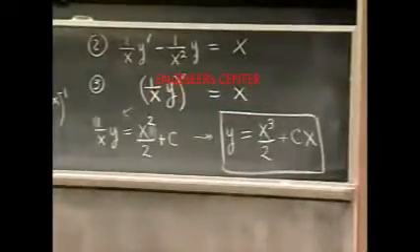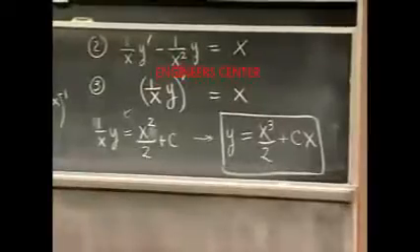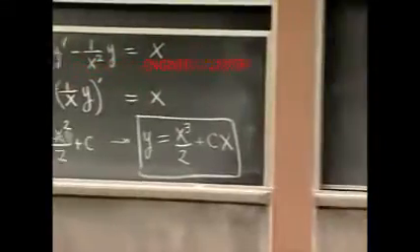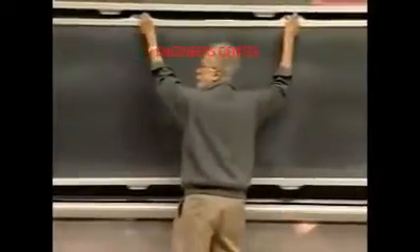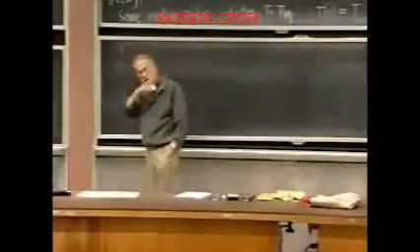Okay, let's do one a little slightly more complicated. Let's try this one. I'll still keep y and x as the variables. I'll use t in a minute or two. 1 plus cosine x.